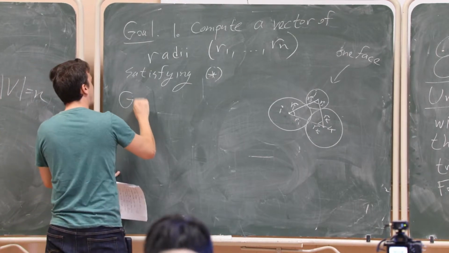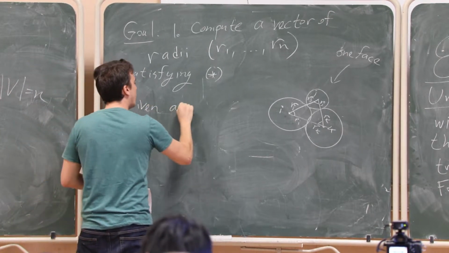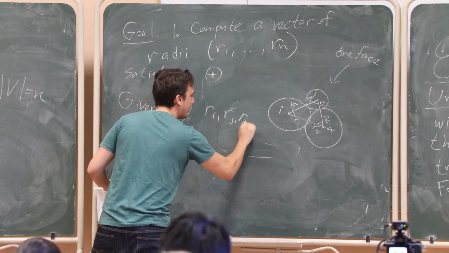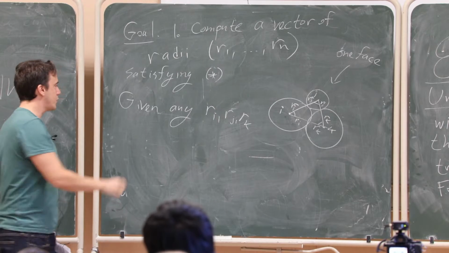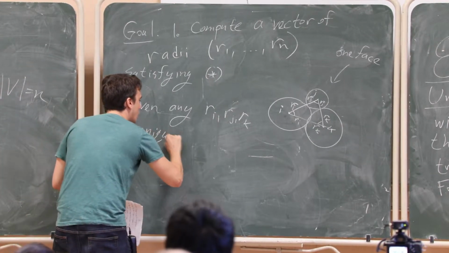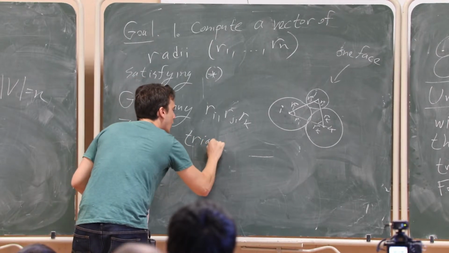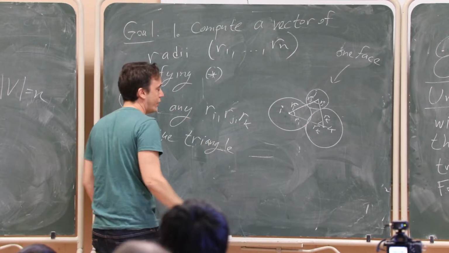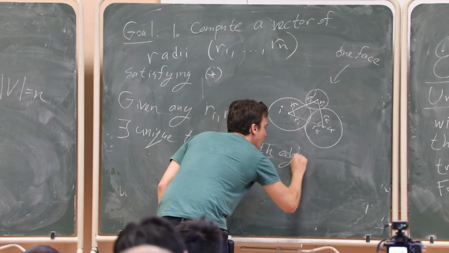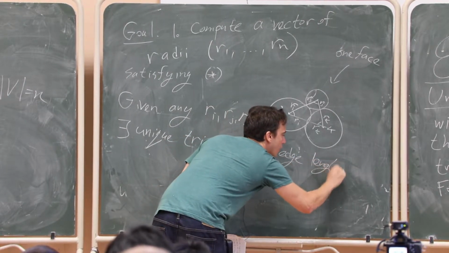So given any Ri, Rj, Rk, there is a unique triangle with these edge lengths.